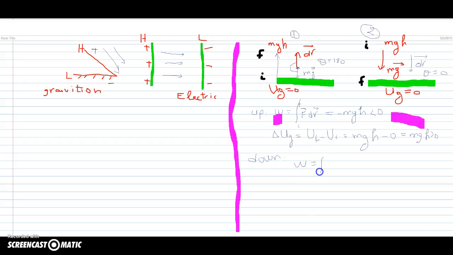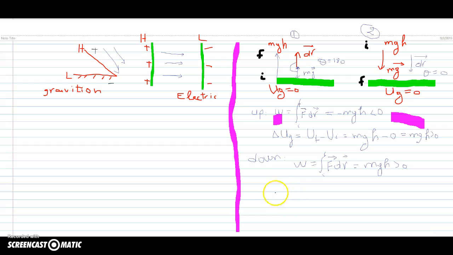It's the integral from initial, which is high, to final, which is low, of F dr. And notice now in the second picture that the vectors dr and F are parallel, theta equals 0. So the integral of dr is just h, and the force is mg, so it is just mgh. That's the work, and clearly it's positive. And it's obvious the displacement and the force are in the same direction.